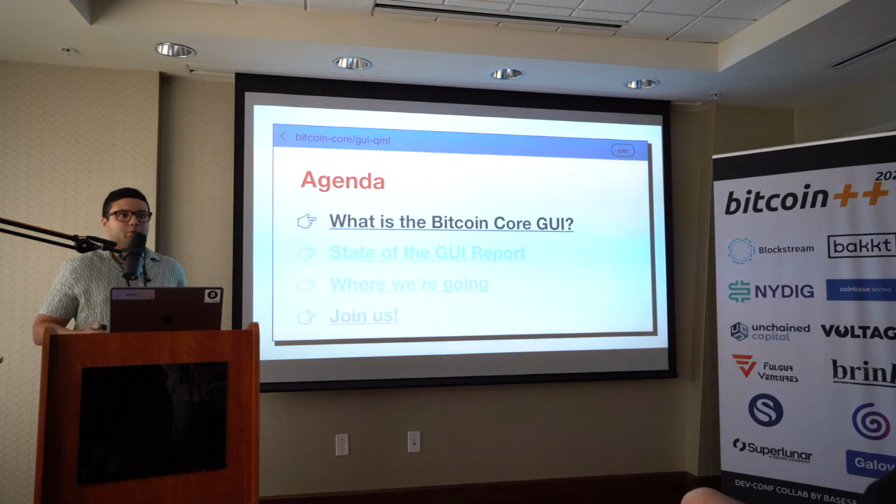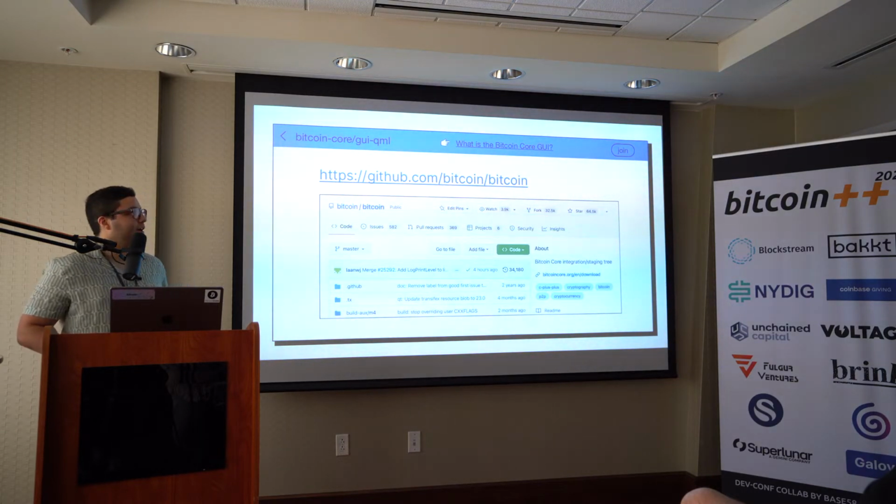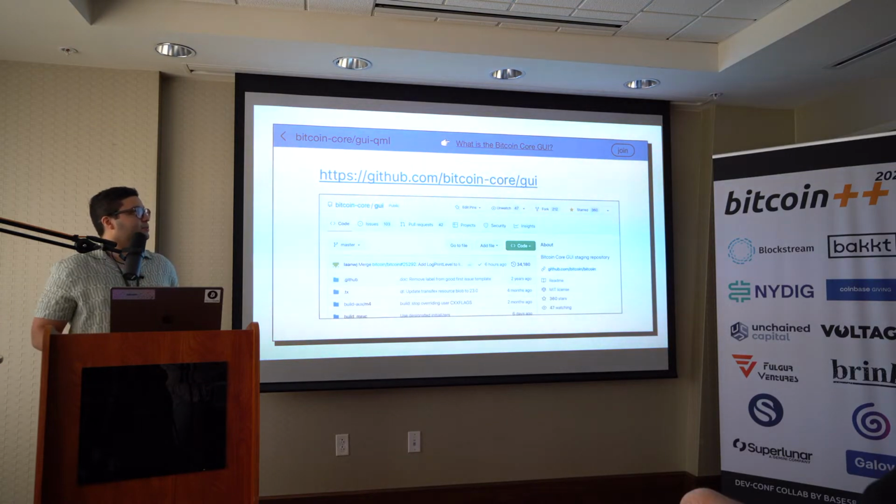So first, what is the Bitcoin Core GUI? To lay some framework down, there's two repos to consider here when talking about the GUI. There's Bitcoin/Bitcoin, which I'm sure a lot of you know if you're here. That's the main Bitcoin repo, where the main development occurs. In June 2020, we separated out GUI development from Bitcoin/Bitcoin into Bitcoin Core/GUI.